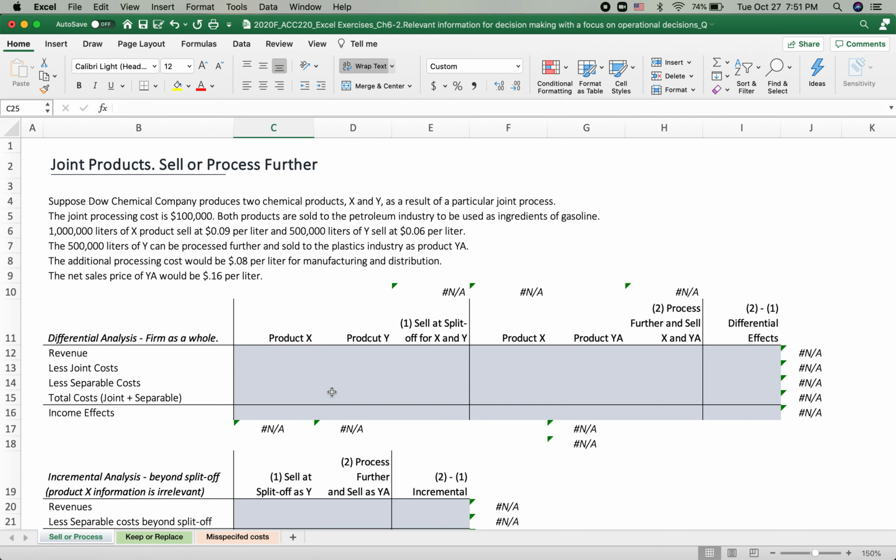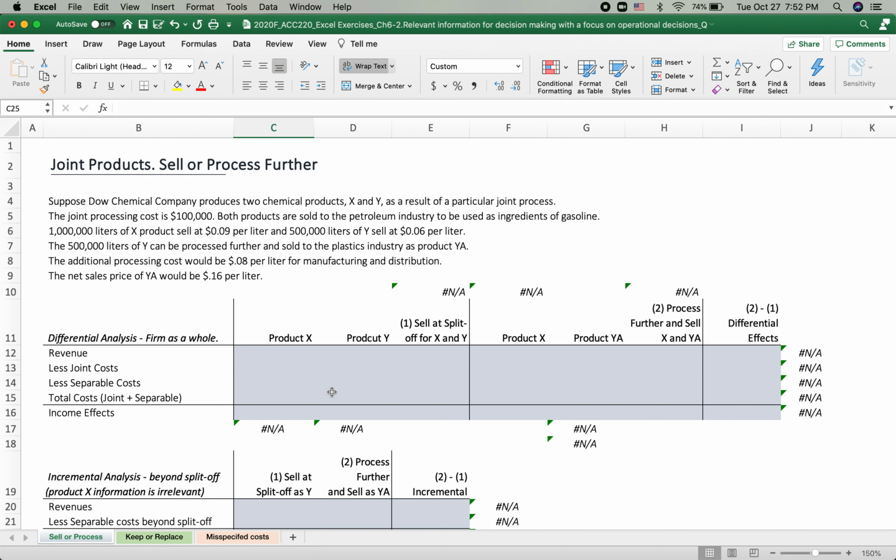Suppose Dow Chemical Company produces two chemical products X and Y as a result of a particular joint process. The joint process cost is $100,000, and both products are sold to the petroleum industry to be used as ingredients of gasoline. 1,000,000 liters of X product sell at 9 cents per liter, and 500,000 liters of Y product sell at 6 cents per liter.